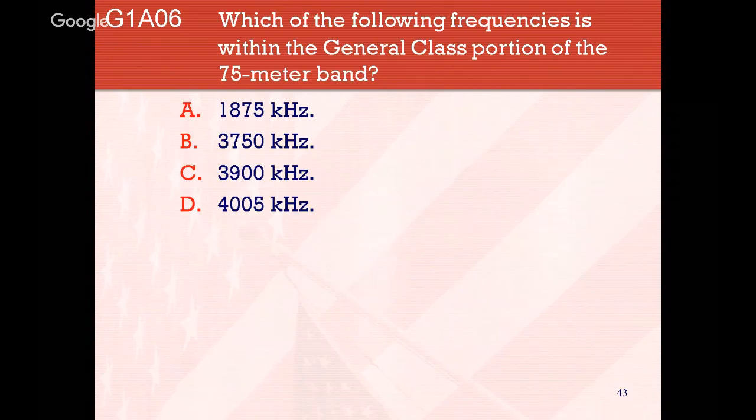So D is definitely wrong because 4,000 is the upper limit, and 3,750 is down in other portions. This one might confuse a few people. You know that 1875 is in the 160-meter band. So the only correct answer here is 3,900 kilohertz, 3.9 megahertz in the 75-meter band.